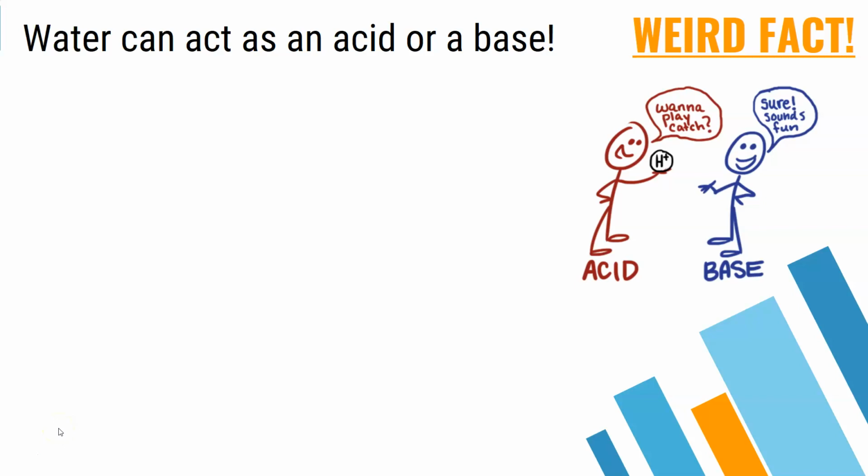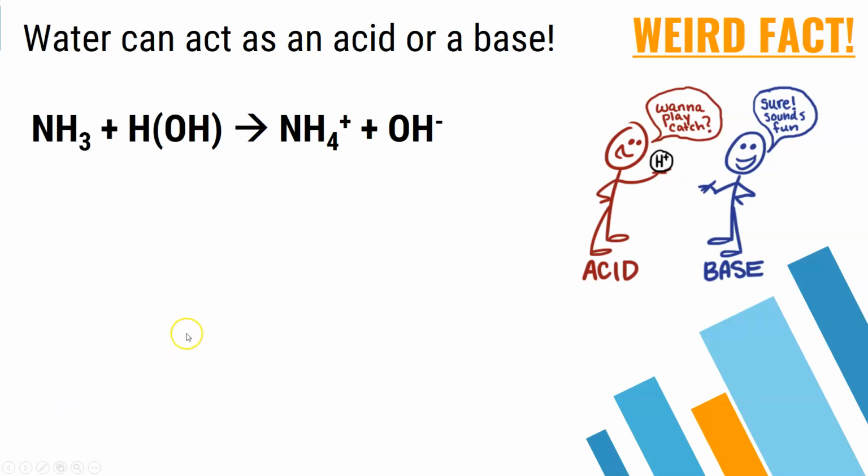Water is always going to be willing to do the opposite of what it's paired with. So for example, NH3 plus water makes NH4 plus and hydroxide. You're going to notice I like to write water as HOH. These are oftentimes going to be those double displacement reactions, and so I like to write it as an HOH.